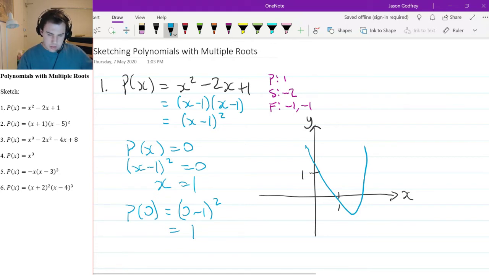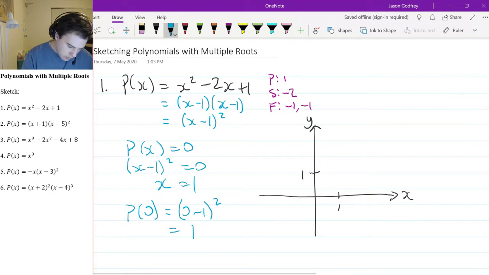But when we solve the equation where p of x equaled 0, we only got one value, x equals 1, and where did it come from? x minus 1 squared. So you could almost say, if we sub this expression in, when does x minus 1 times x minus 1 equal 0? Well, when x equals 1, and also again when x equals 1.